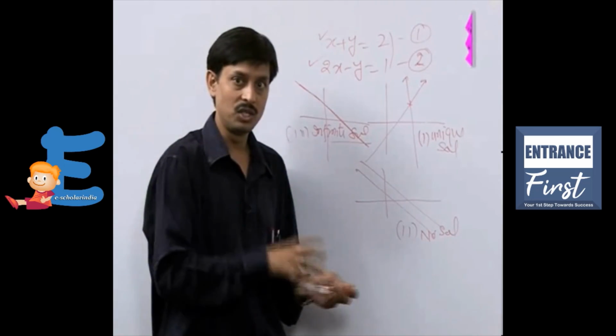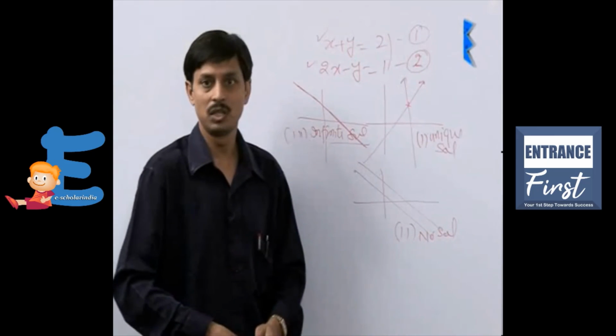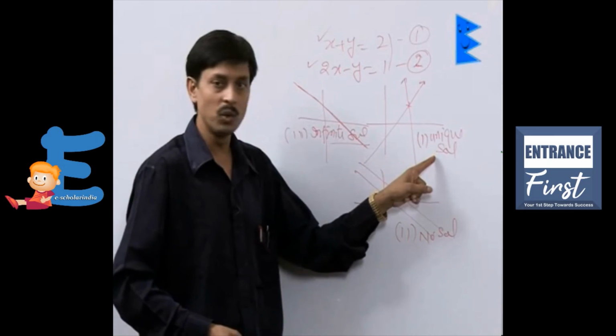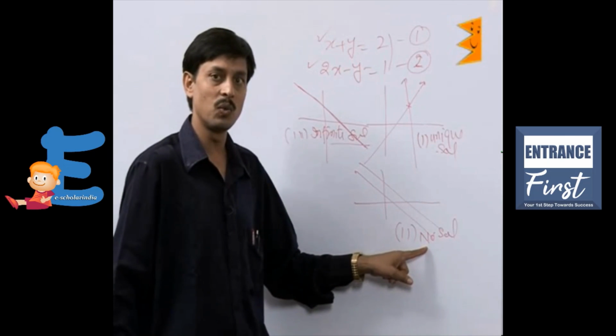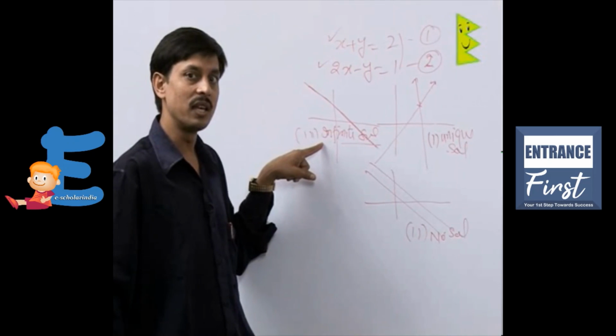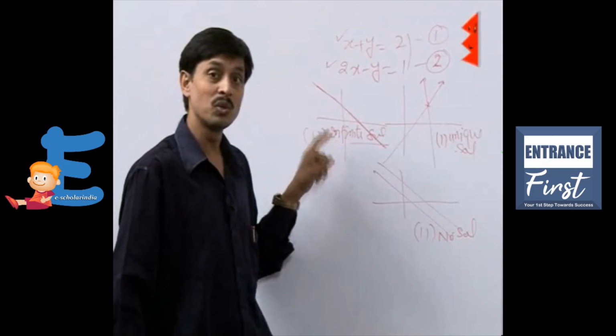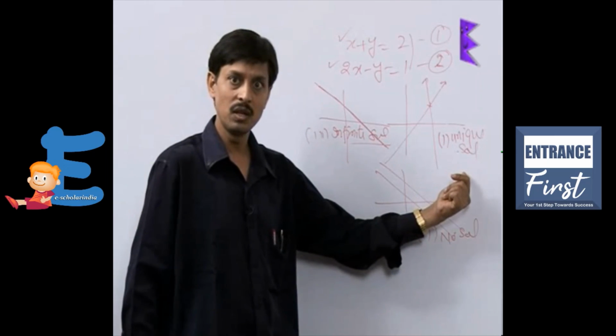So we can tell by plotting the graphs what kind of situation is coming. Another name for unique is consistent. Another name for no solution is inconsistent. Another name for coinciding lines, infinitely many solutions, is consistent with infinite. This one is consistent with unique.